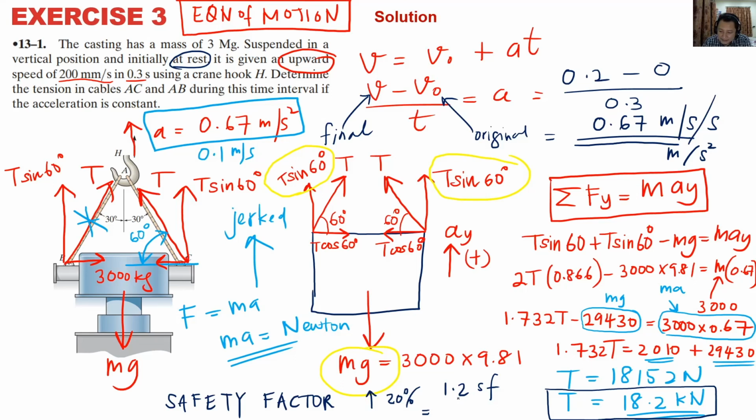So add some percentage. 18.2 plus 20%: 0.2 times 18.2 plus 18.2. Maybe you buy cables that withstand 21.84 kilonewton.